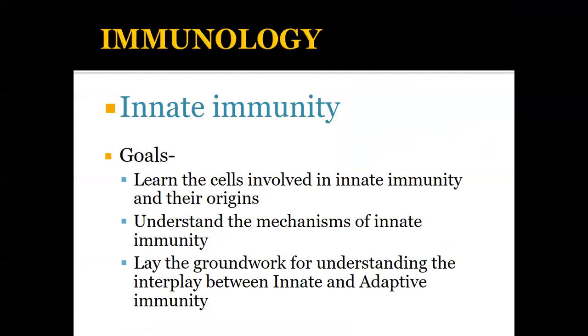All right. What we're going to talk about moving forward today and a little bit on Monday is the cells that are involved in the innate immune system, to get a basic understanding of who they are and where they're from. Understanding how these cells, along with certain barriers in your body, work and contribute to the concept of innate immunity.